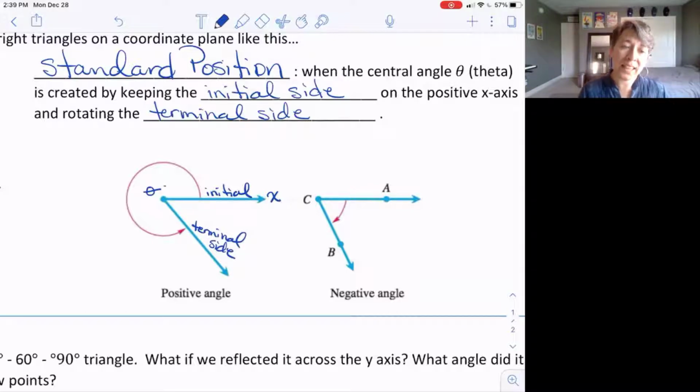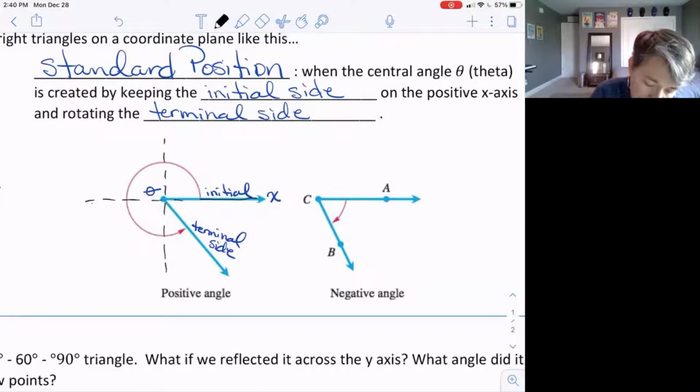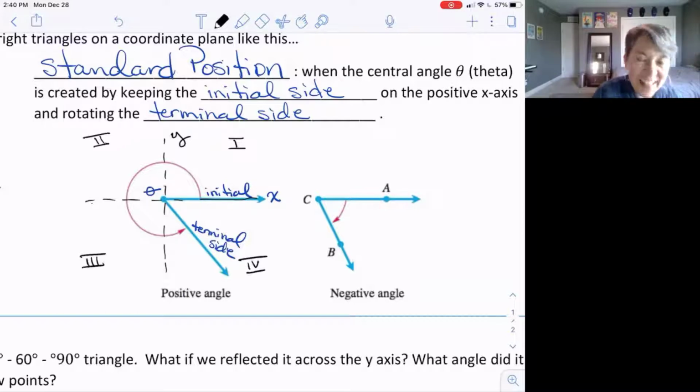And when we rotate that angle counterclockwise, we will get a positive angle. Think of it if we were on the XY coordinate axis. We have quadrant 1, quadrant 2, quadrant 3, and quadrant 4. That's why the quadrants are numbered in counterclockwise order. That's the way our positive angles rotate.